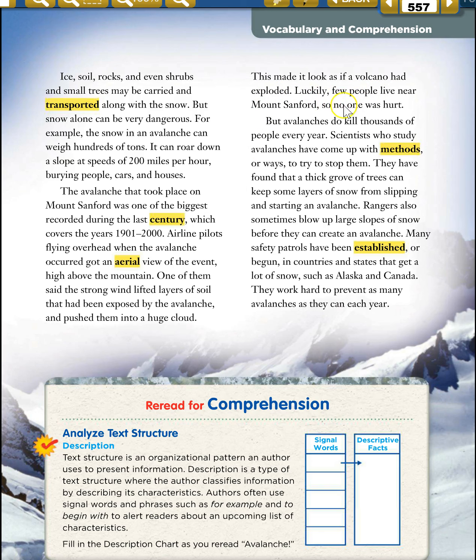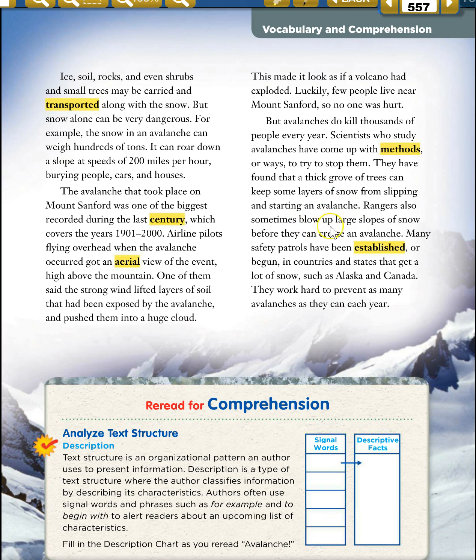Luckily, few people live near Mount Sanford, so no one was hurt. But avalanches do kill thousands of people every year. Scientists who study avalanches have come up with methods or ways to try to stop them. They have found that a thick grove of trees can keep some layers of snow from slipping and starting an avalanche.